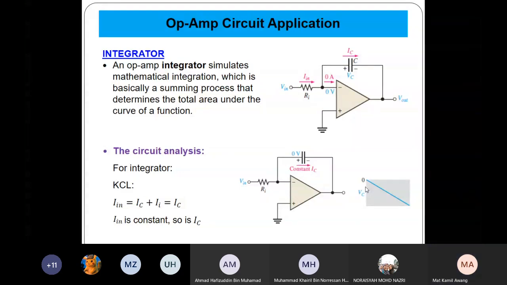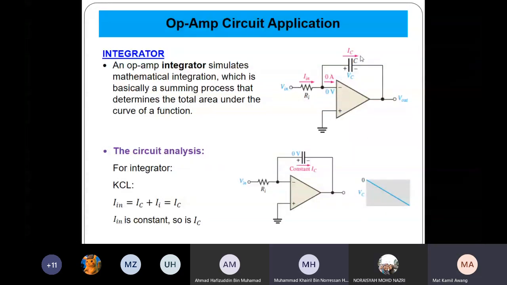So the circuit is as given here. So instead of a resistor here, now you have the capacitor, because IC is equal to C dVc dt, right? Betul lah sir.